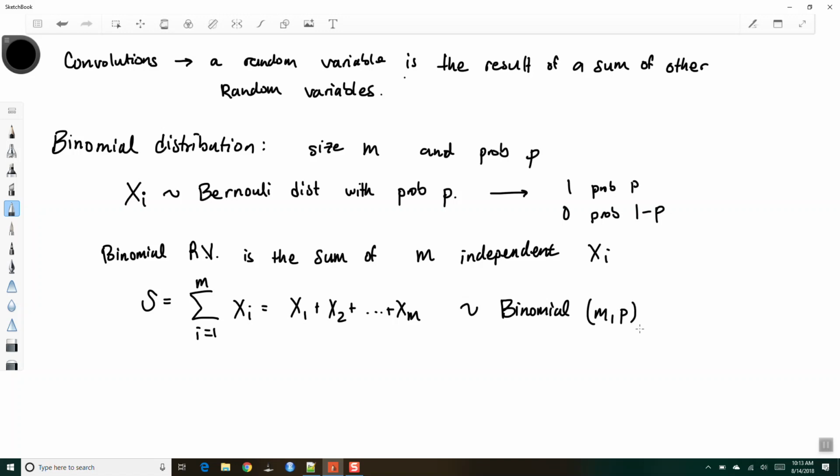And so we could generate draws from the binomial distribution on the computer in this way.